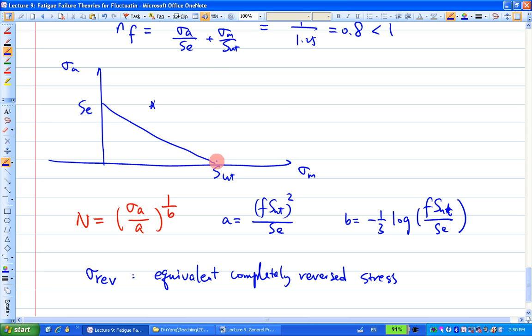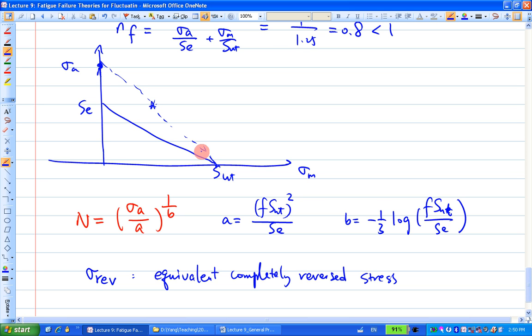Well, I can definitely use the same analogy here to create another boundary, which means I can connect this point and extend it up to this axis here. That make sense? So I can use the same analogy here.